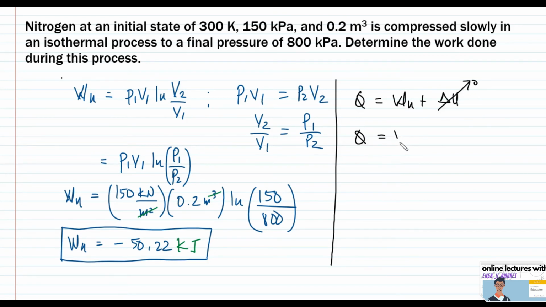Therefore, Q is equal to W sub N, in case the problem also requires it. Now, it's important to take note here that this is negative. Therefore, work is done on the system. Okay, let's just write this down. Work is done on the system.